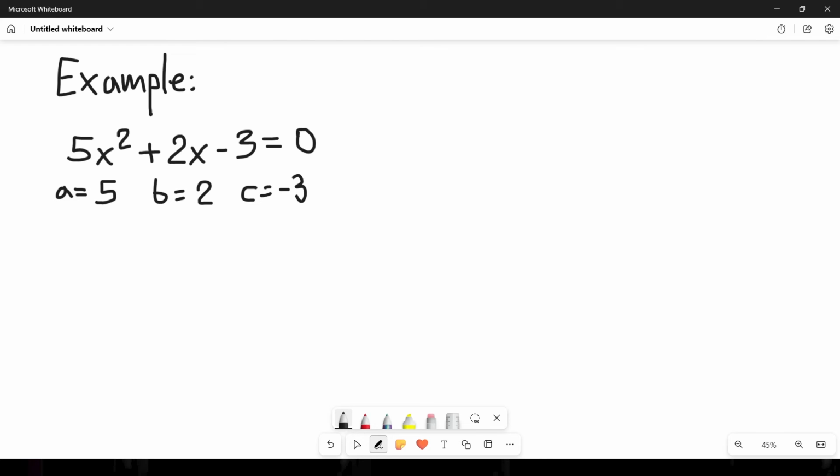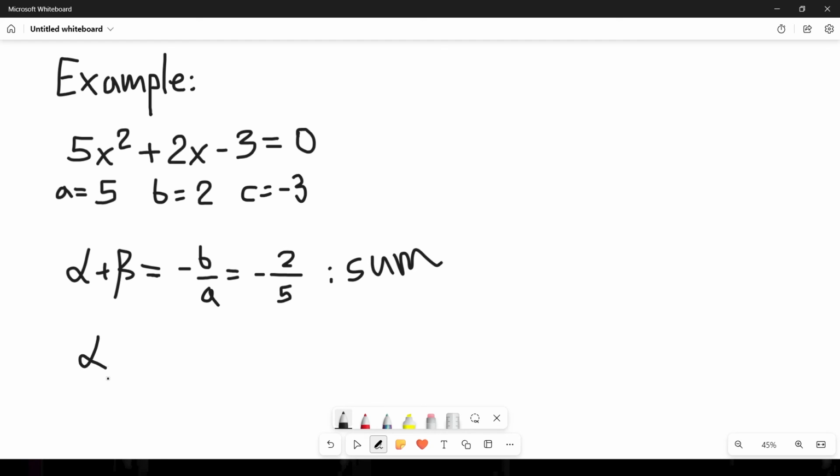However, you can use these formulas, and alpha plus beta is equal to, as we know from the formula, minus b over a, which is minus 2 over 5, so minus 2/5, and this is the answer for the sum.